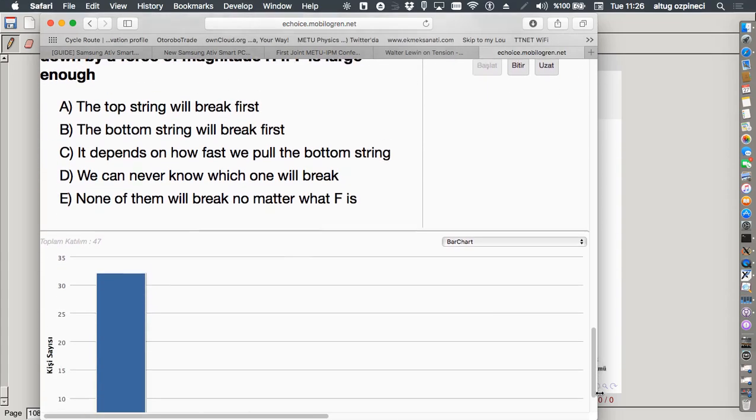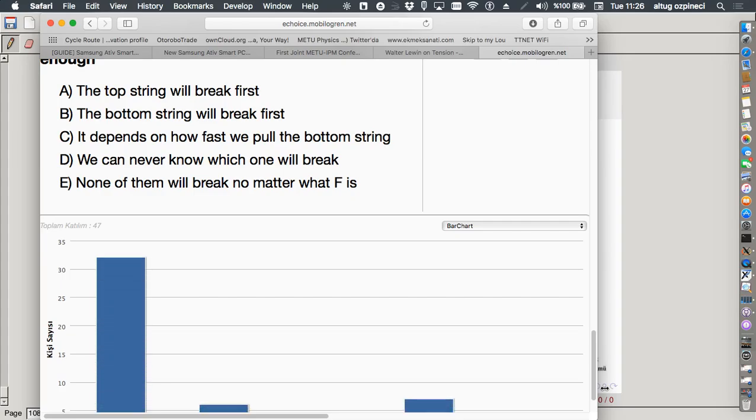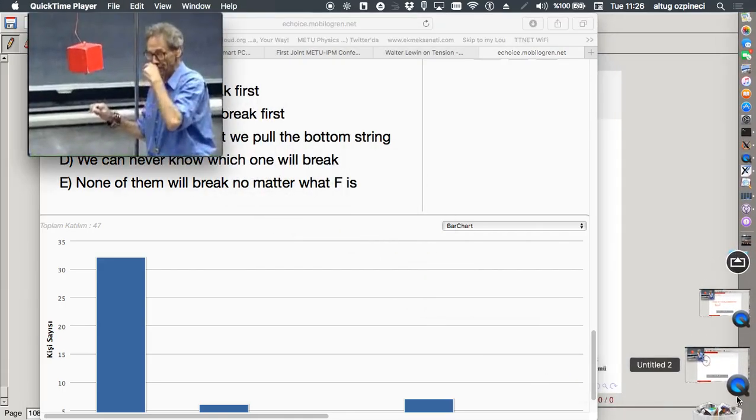Or you can even continue sending your answers. We will be discussing this question when we have the next lecture. But there is already a demonstration of what happens.